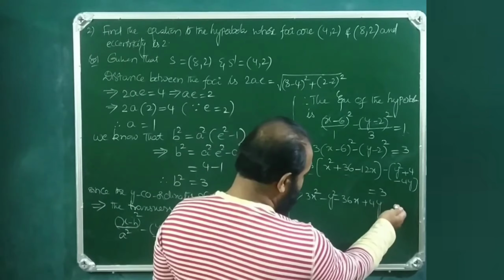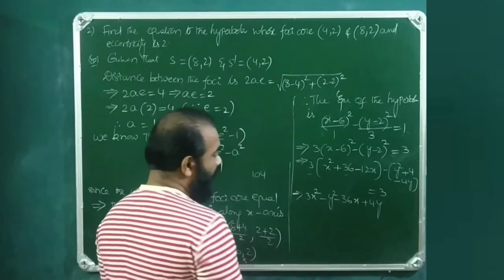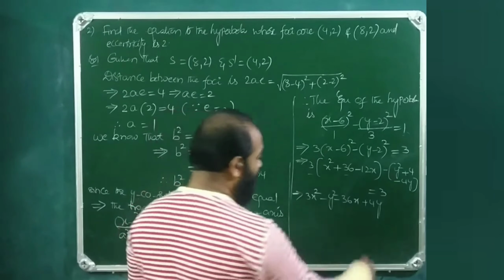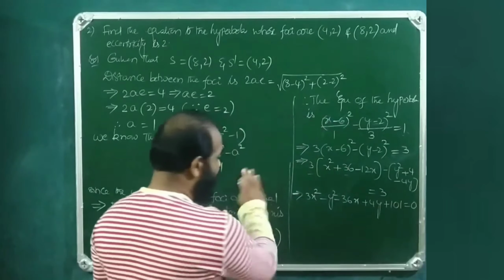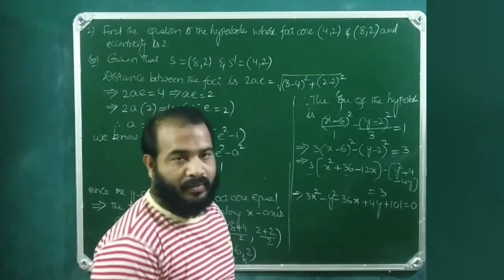If you take it to this side, 104 minus 3 is 101 equals 0. So this is the required equation of the hyperbola.